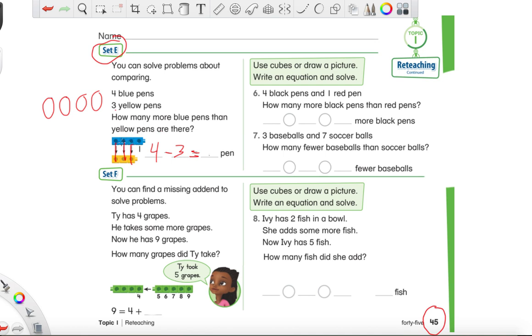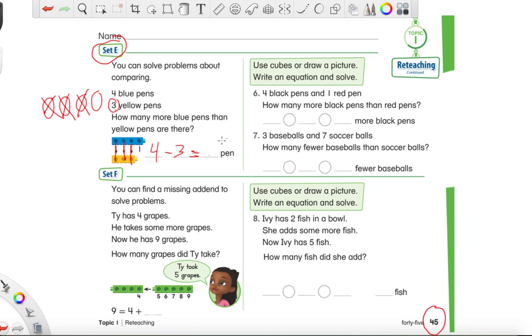So if we're comparing and you don't like setting the two different pictures apart and making friends, that's fine. We can still take the biggest number, which is 4 right here. 1, 2, 3, 4. And we're going to cross out 3 of them. Okay? 1, 2, 3. And what's our answer?